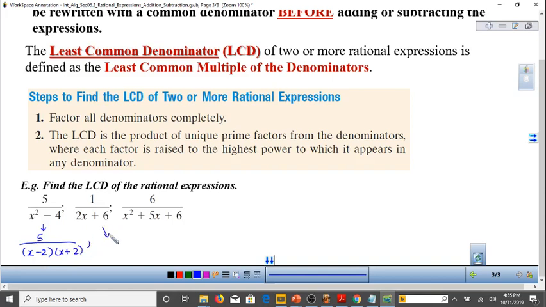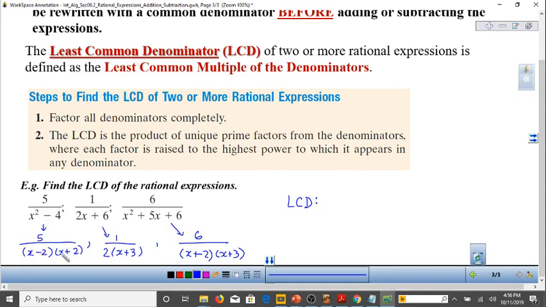The second expression is 1 over 2 times x plus 3. And the third expression is 6 over x plus 2 times x plus 3. Those are all factored.